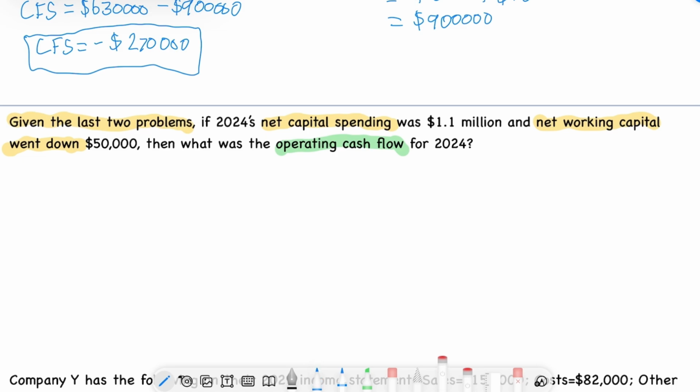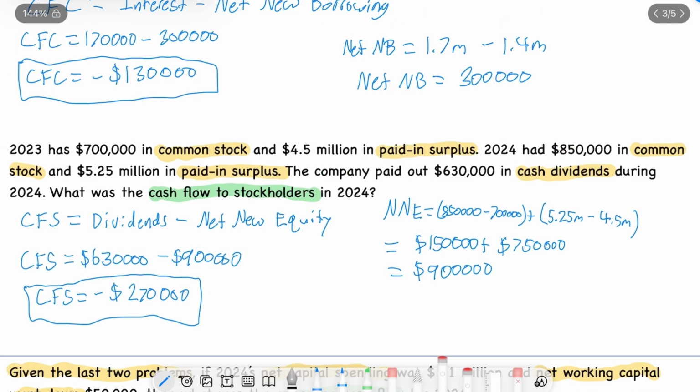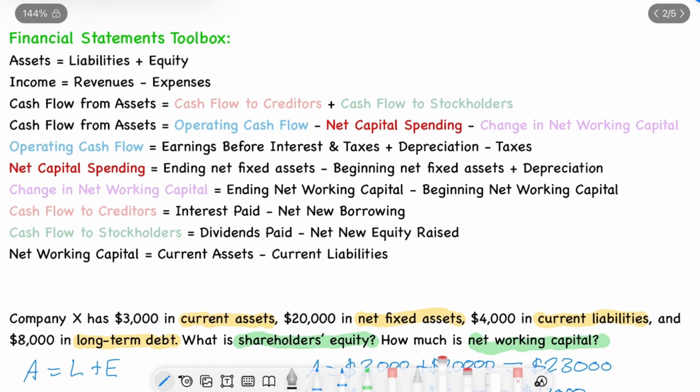Let's go back up to our toolbox and see what we're dealing with. We were given our cash flow to creditors. We have our cash flow to stockholders. We have a net capital spending, and we have a change in net working capital. There is an equation that uses all of these together, and it's this one. This is our cash flow from assets.